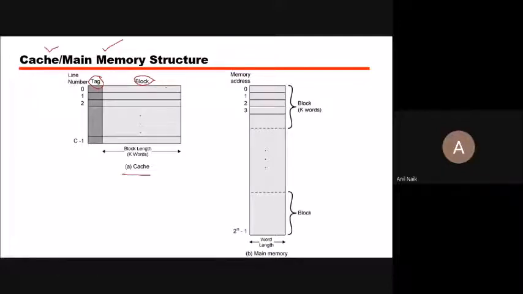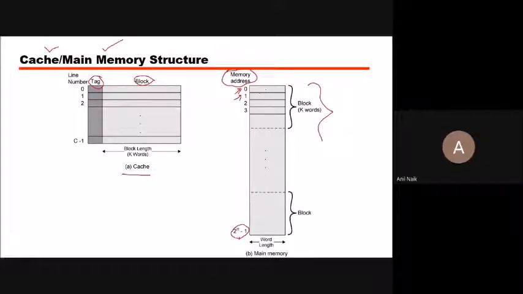And in the main memory also, there is a memory address, with blocks at different memory addresses, up to 2 raised to n minus 1.